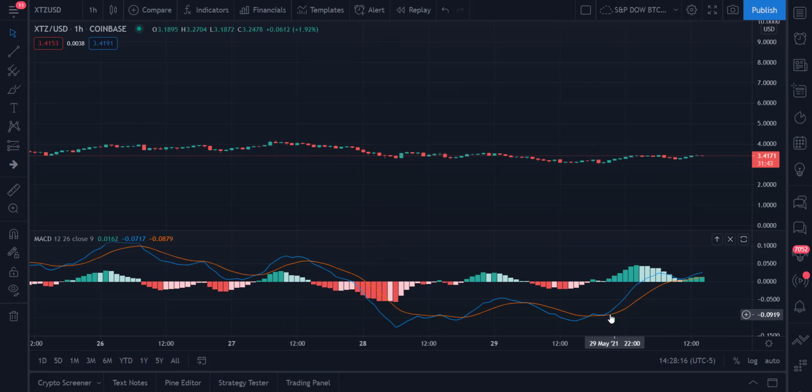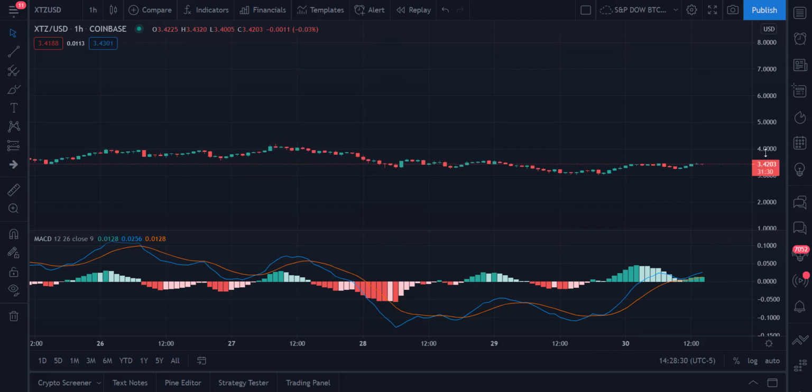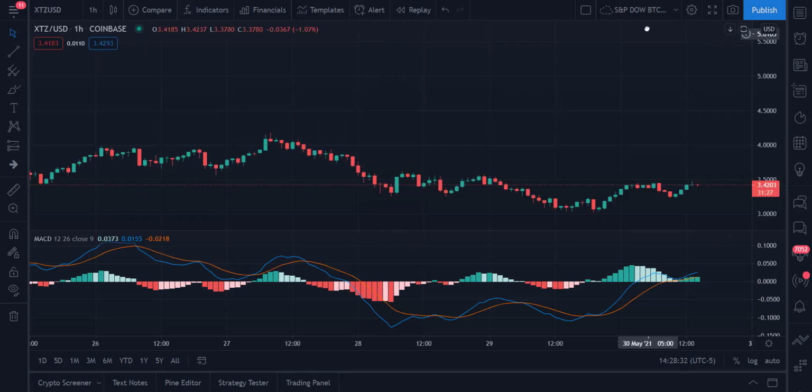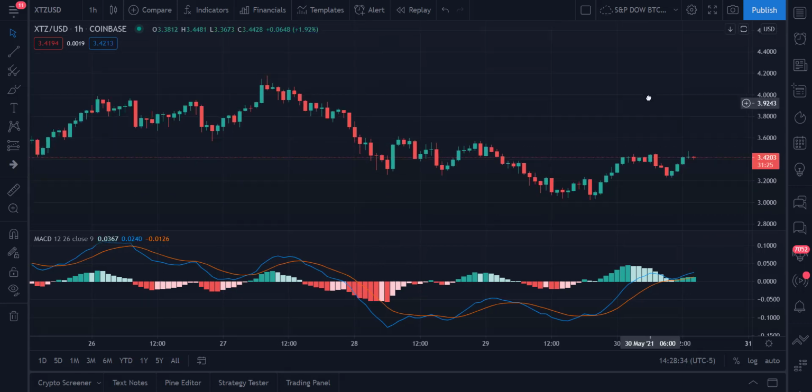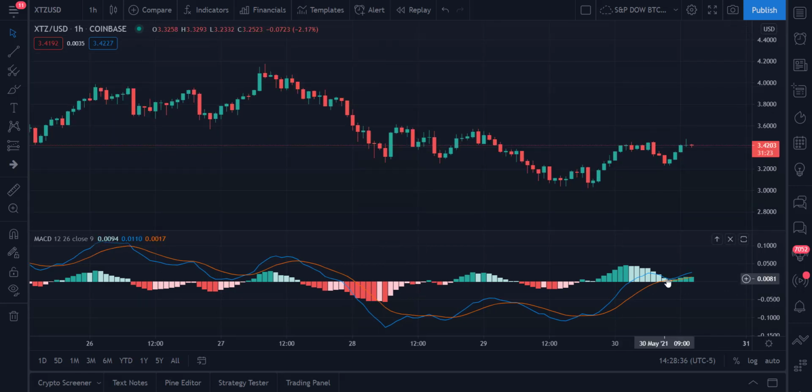At the 1 hour level, our last bullish crossover was on May 29th, just yesterday evening actually, and it has crossed into positive territory, which means both the signal and the MACD line have crossed into positive territory.